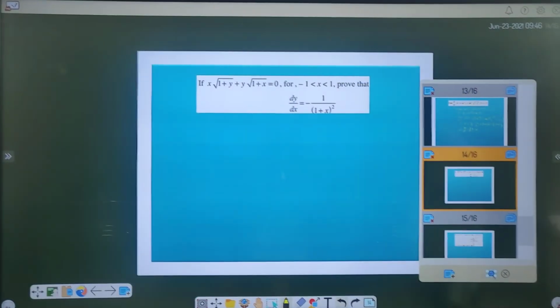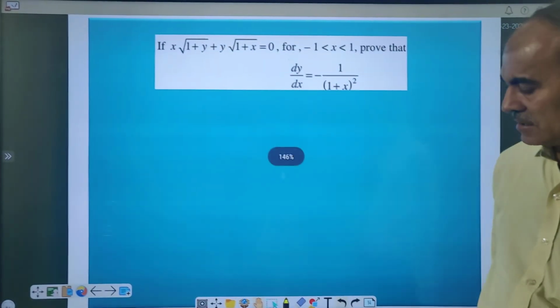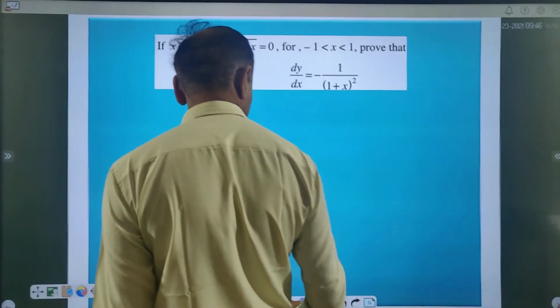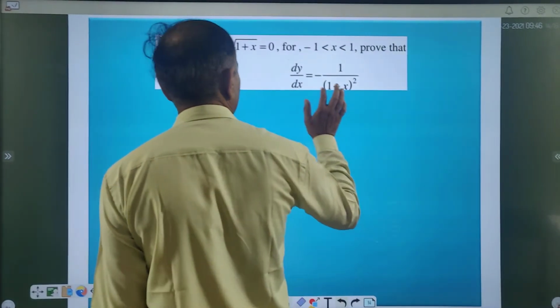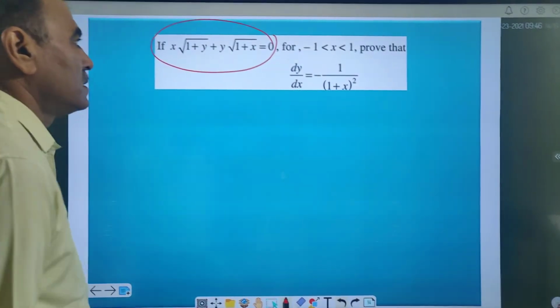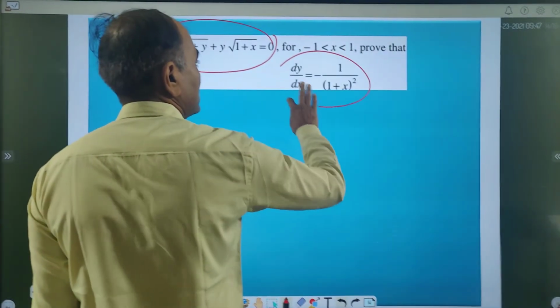Next. Yes, very important thing for us. See, here the relation is given in terms of x and y. And what do we want? We want dy by dx in terms of x.